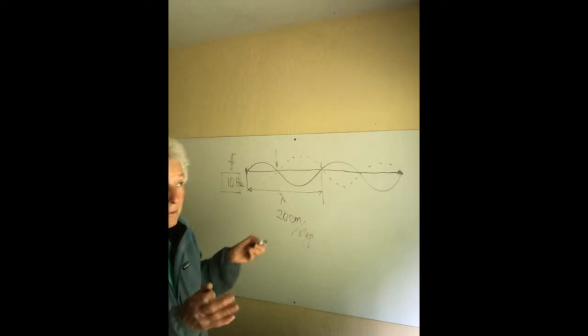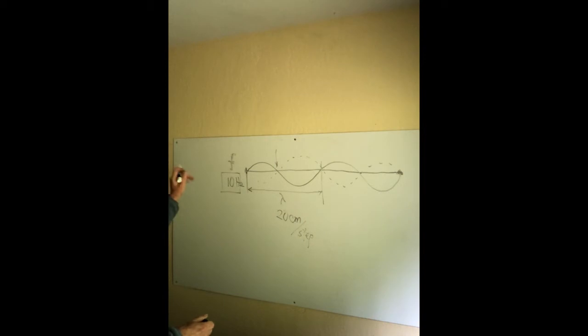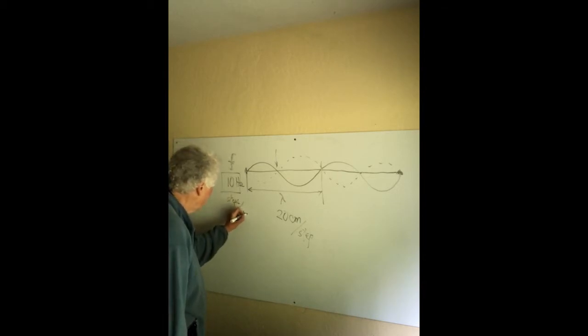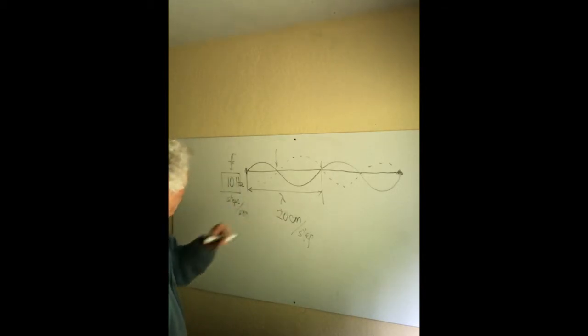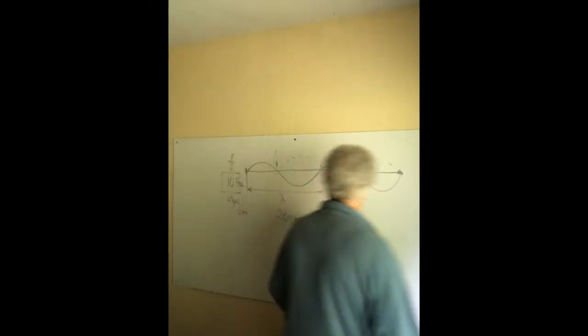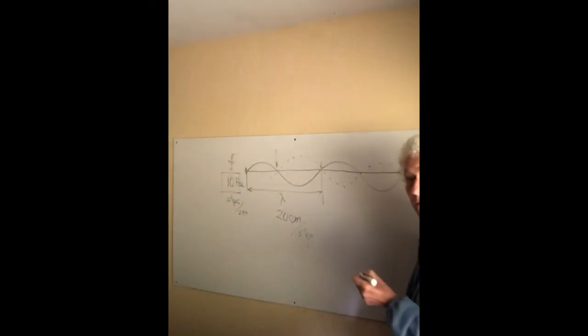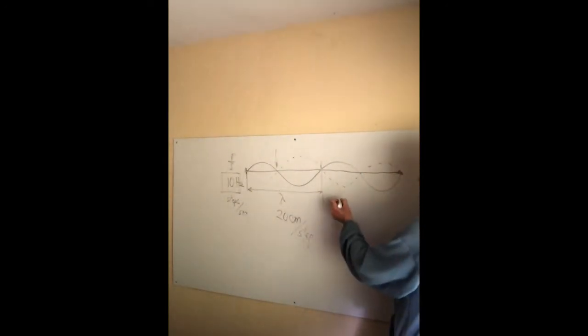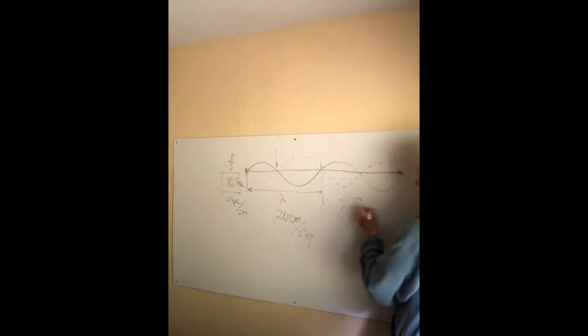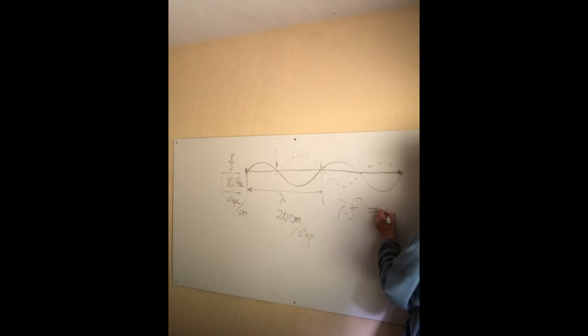So if you multiply them together, you have steps per second times centimeters per step. And so if you write that down, you're going to get the wavelength times the frequency is the speed.